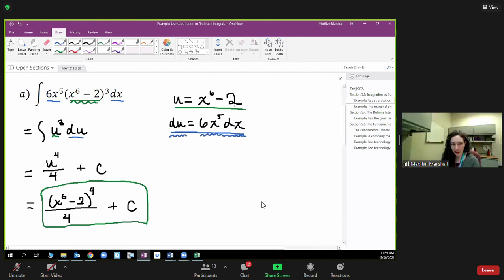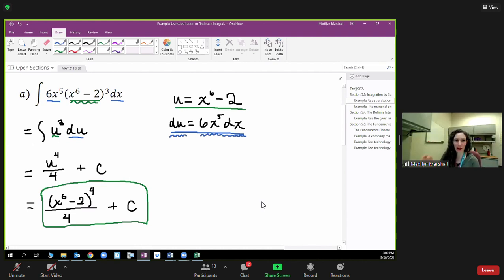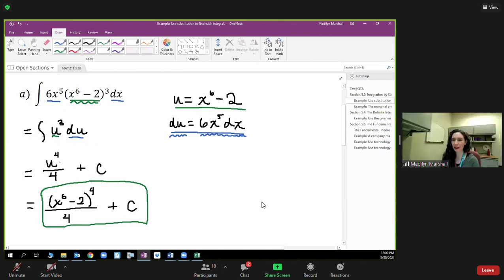So our u is that interior part. Our du is that differential, which is just the derivative, but the dx is over on the other side. We can substitute everything in terms of u, integrate that much simpler thing, and then go back to x.